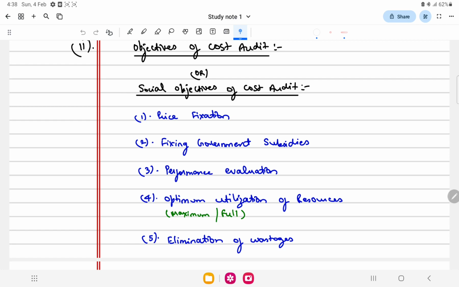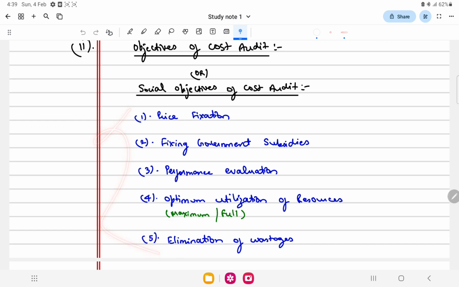There are 5 objectives to be remembered from an exam point of view: price fixation, fixing government subsidies, performance evaluation, optimum utilization of resources, that is maximum utilization of resources, and elimination of wastages, that is avoidance of wastages.